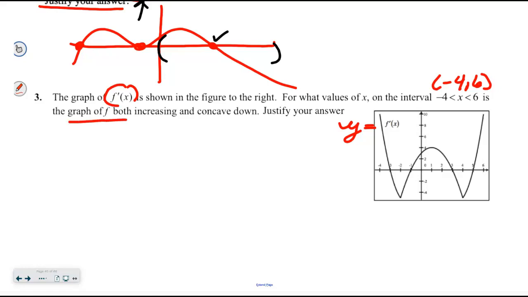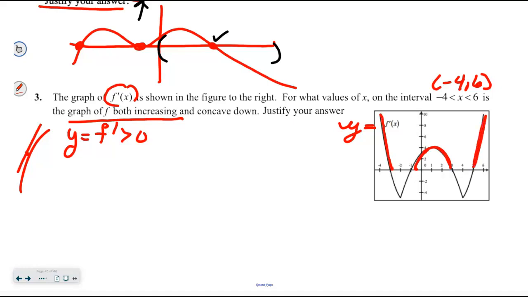We want f to be increasing. For a function to increase, its slopes, its derivatives, must be positive. Well, my y values are the slopes. So basically, I'm looking above the x-axis, right? Here, my f primes are positive. Here, my y values, which are f prime, are positive, and right here.